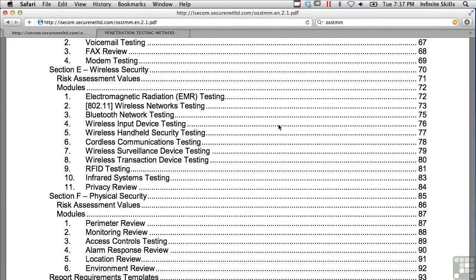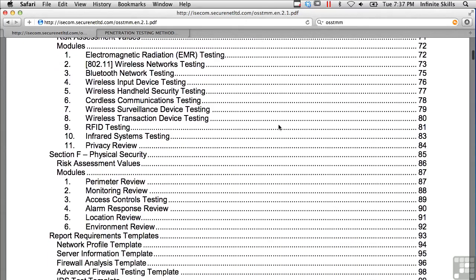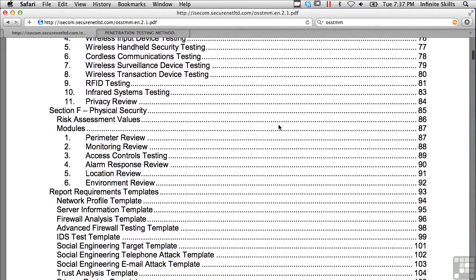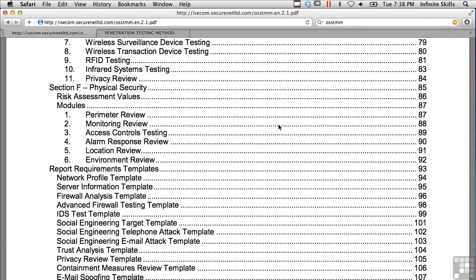There's also physical security, which is something that is definitely worthwhile to look at, although it may or may not be something that you would get into as an ethical hacker. Physical security is really important. It involves not only the perimeter with respect to things like fencing and guardhouses and those sorts of physical security measures, but there's monitoring, and there's also inside.